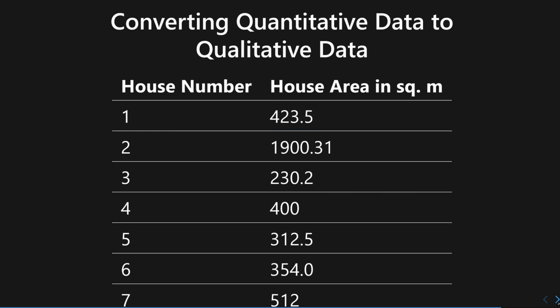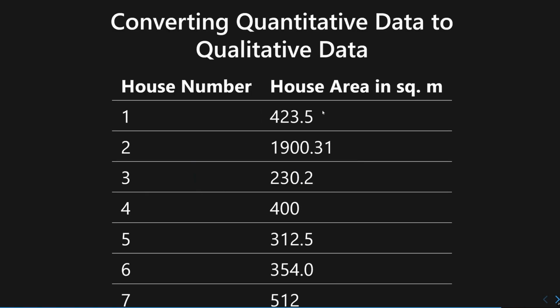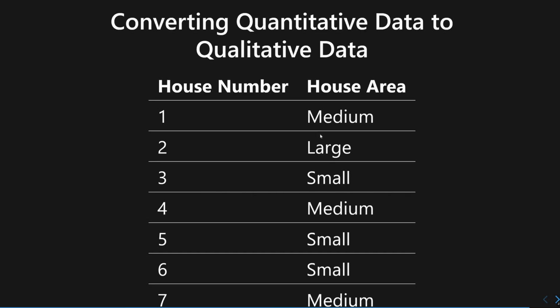So 423.5, for example, you check which bin this value belongs to. It does not belong in this bin, it doesn't belong in this bin, it belongs within this range right here. So you replace this value with medium. And you're going to do the same for all rows. So doing that, you will end up with this.